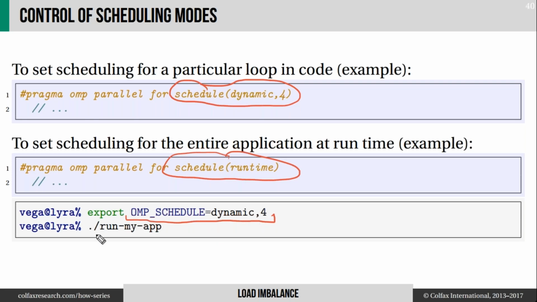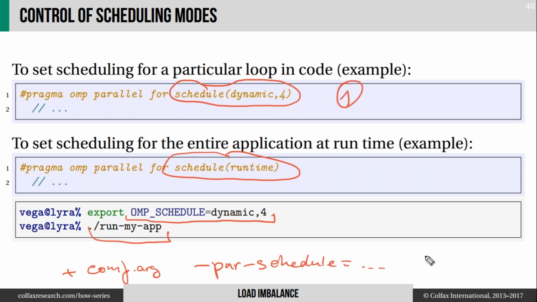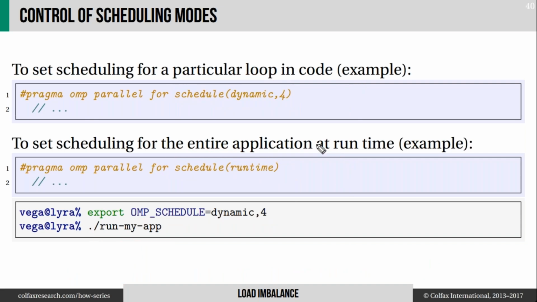Whatever you set it to is what your code is going to use. Plus, there is also a compiler argument. It reads, I think, par-schedule. If you set multiple methods, then this is the highest priority, this is the second priority, and this is the third priority, if I'm not mistaken.